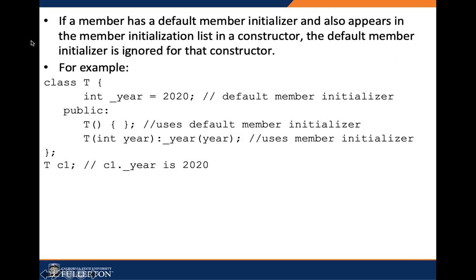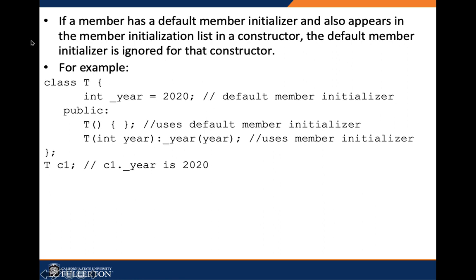And then we have a second constructor, which has a single argument, and that argument will be set for the data member year. In the second constructor, the default member initializer of 2020 is ignored, and we use instead the member initialization.